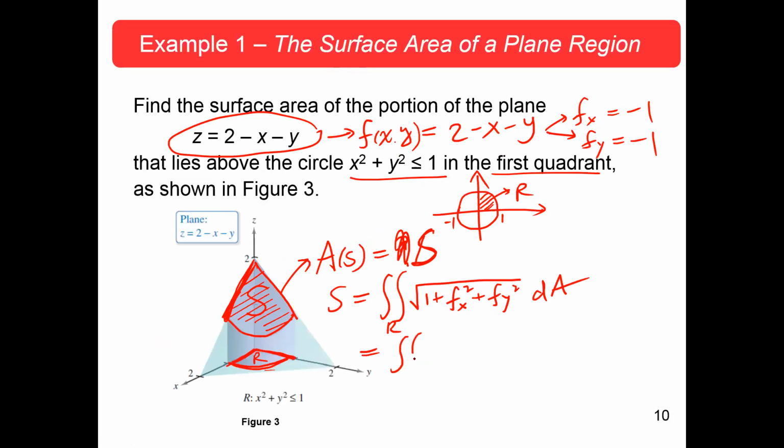So we have the double integral over region R of the square root of 1 plus partial x squared, that's 1, plus partial y squared, that's another 1, dA.